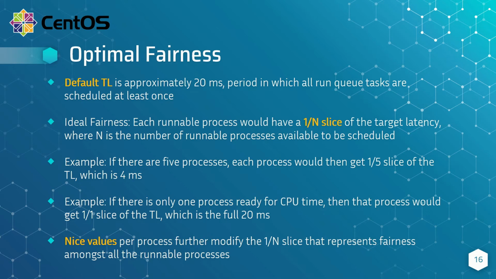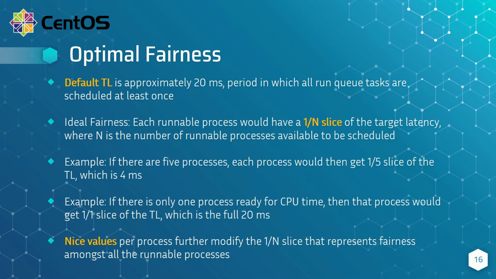So we will have a look at what optimal fairness means and how CFS implements this idea. The default target latency is approximately 20 milliseconds. This is the period in which all run queue tasks are scheduled at least once. Ideal fairness is the idea that each runnable process should get a 1 out of n slice of this target latency, where n is the number of runnable processes available to be scheduled.